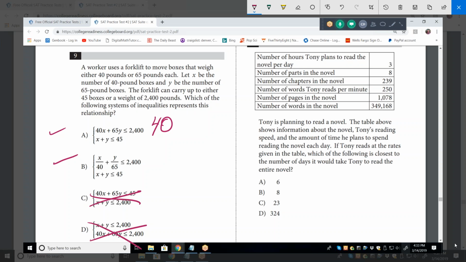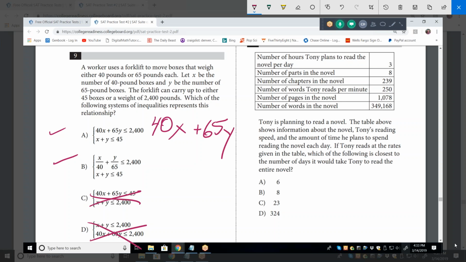But anyway, what did you do if you have 10 boxes and each one weighs 40 pounds? You multiply. So 40x represents the weight of all of the 40-pound boxes. What represents the weight of all the 65-pound boxes? So then you would multiply 65 by Y, the number of 65-pound boxes? Exactly.